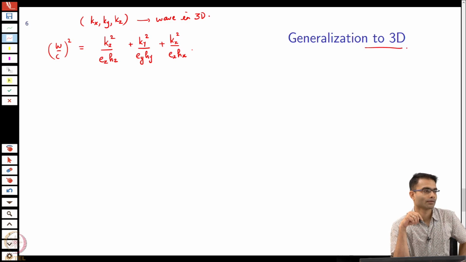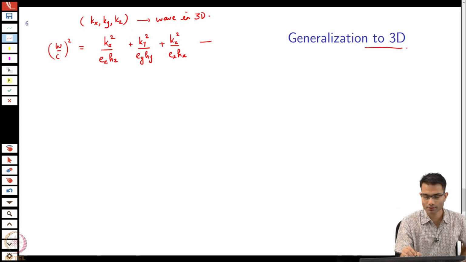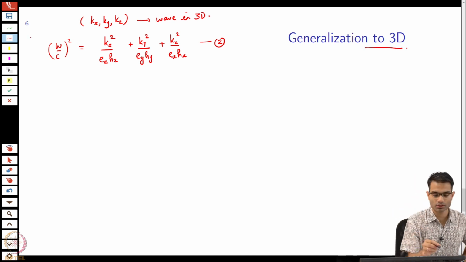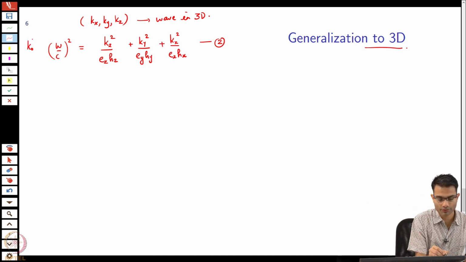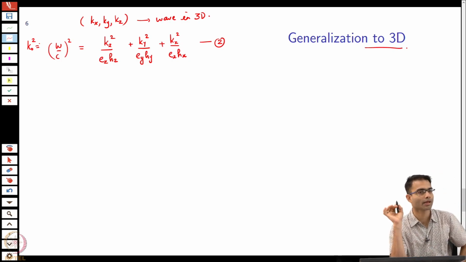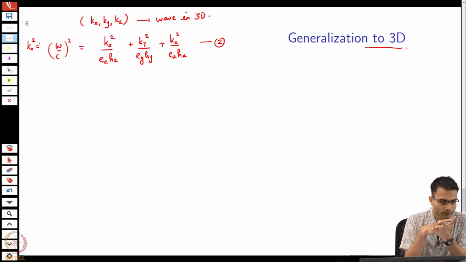You can go and derive it, but this is the expression that you will get. We will call this our equation 2. This omega by c whole squared is what we called the free space k naught squared. This was from physics, k naught was omega by c, but now this is the new expression that we are getting.